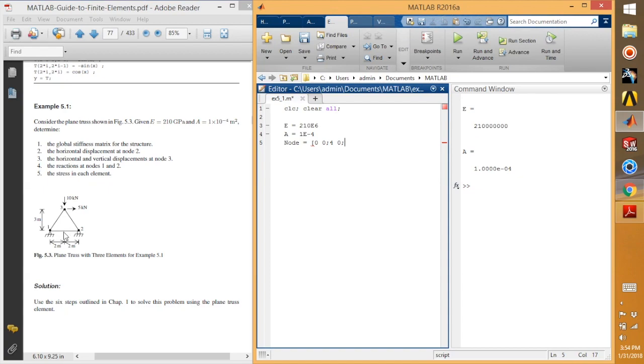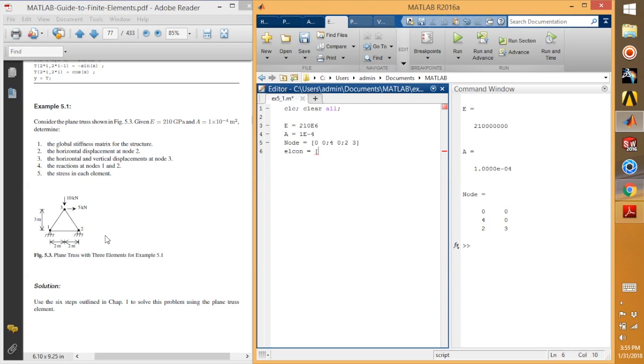Next, we are going to define element connectivity. So element connectivity is basically which element is connected to which node. If I consider the first element as this one, that is between 1 and 2, the second between 1 and 3, and the third between 2 and 3. So the first element is connected to nodes 1 and 2, and E and A as well.